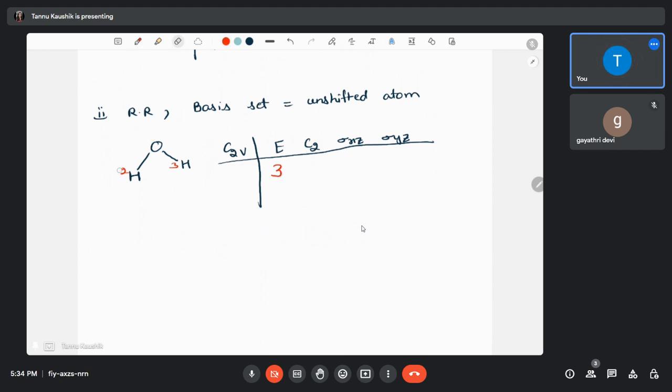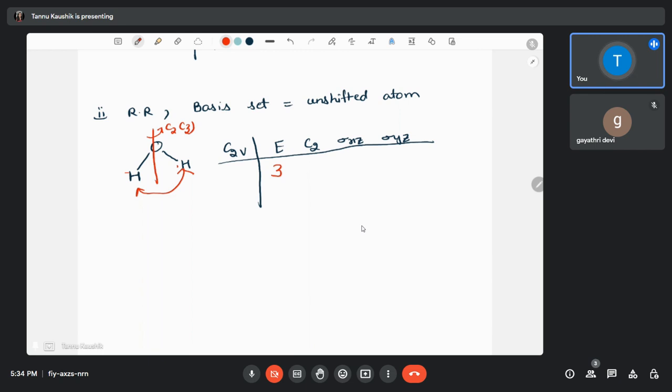For the C2 axis, the C2 axis will be along this direction. When we apply this operation, the hydrogen atoms will change their positions.